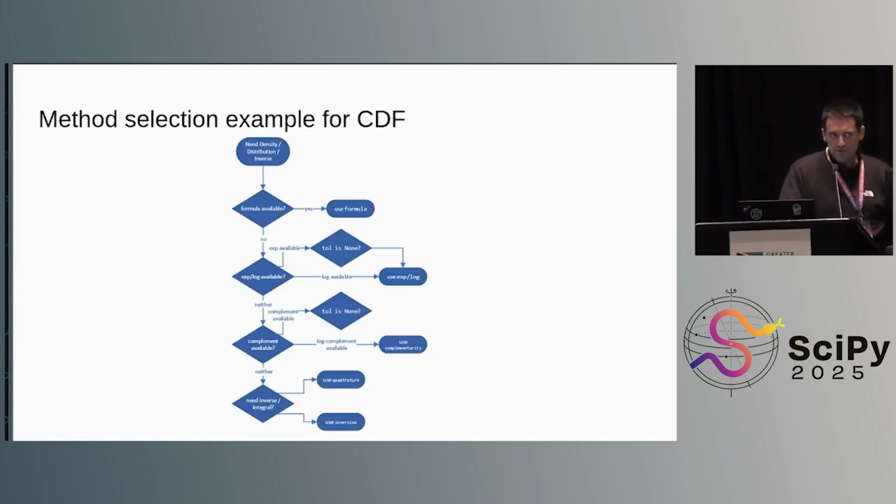Now there's a decision tree for method selection, where there are different ways to compute different methods based on what formulas are available and what's defined. It goes through this tree to figure out what to use. This is all under the hood.